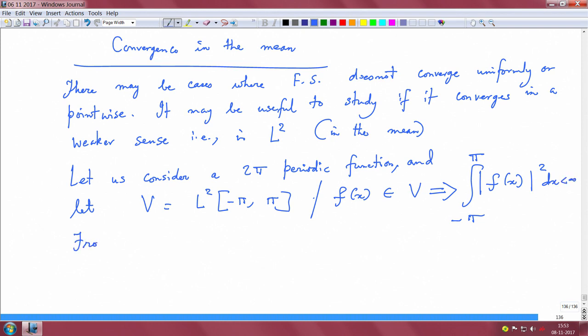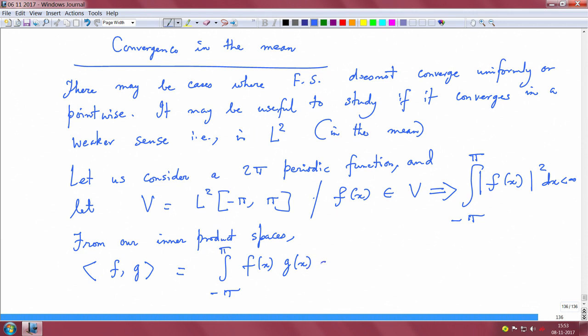Now, from our inner product spaces, the inner product between two functions f and g is given by this quantity, where you look at the conjugate of g if it is complex, a Hermitian inner product. Okay.